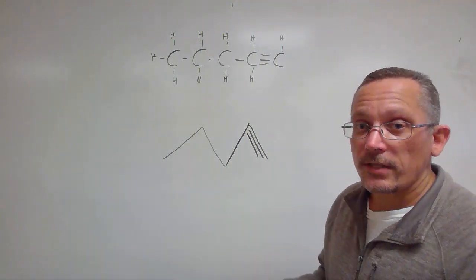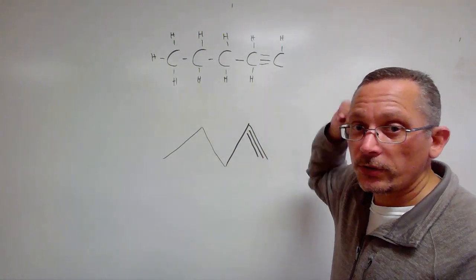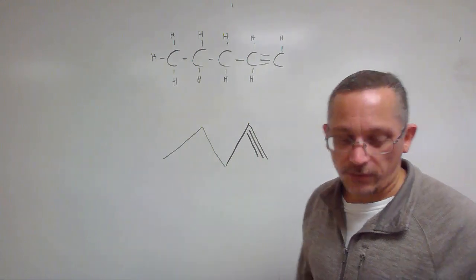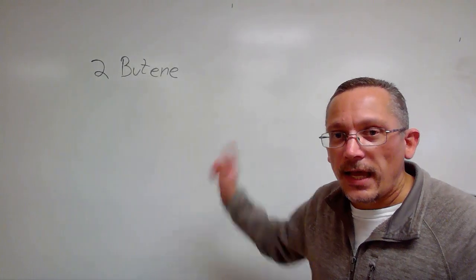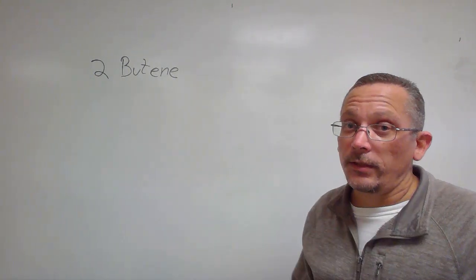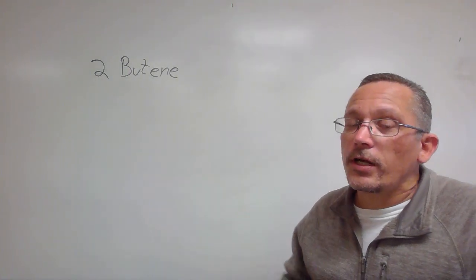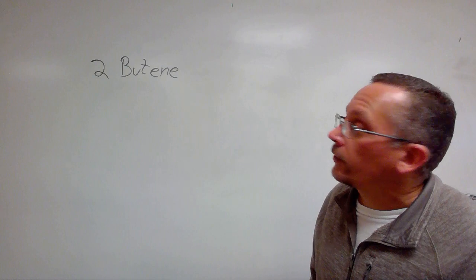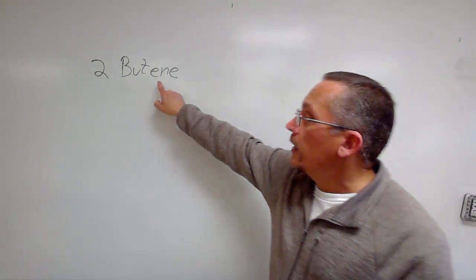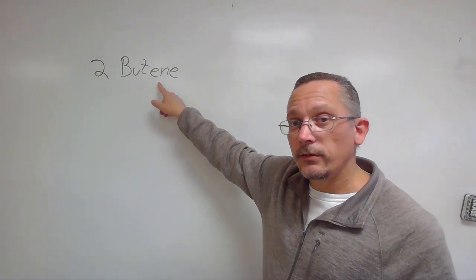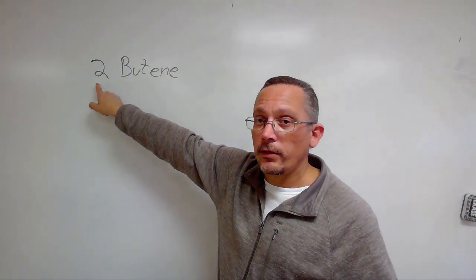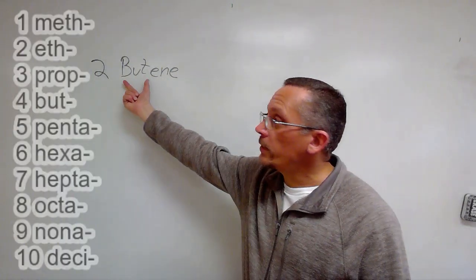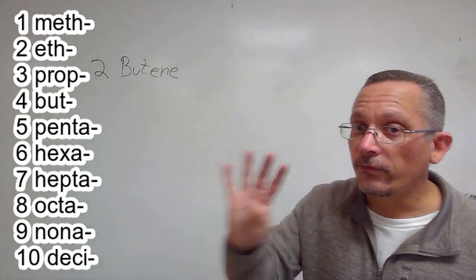So some of them are going to ask you to both draw the Lewis structure and the skeletal structure. Let's take a look at one of those. How about 2-butene? Let's draw the Lewis structure and then we'll draw the skeletal structure. Okay, so ene tells me this is an alkene. It's got a double bond, and that double bond should be on bond number 2. And but tells me that's the organic prefix for 4.